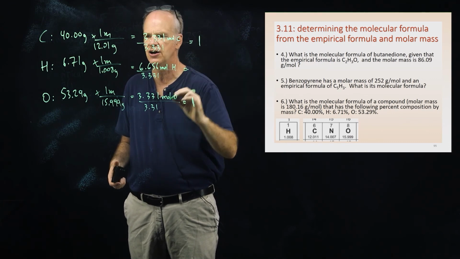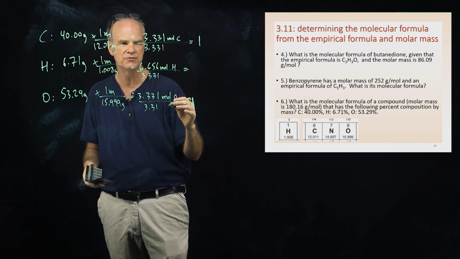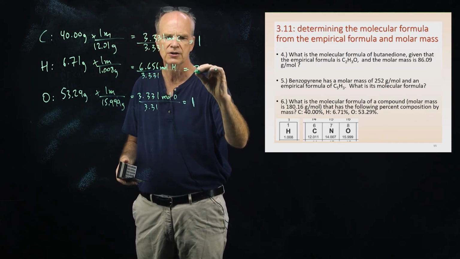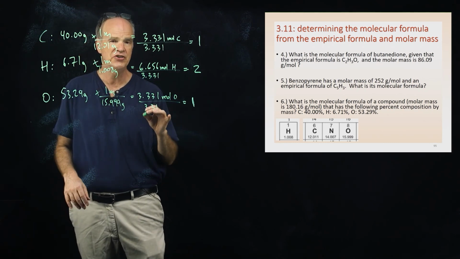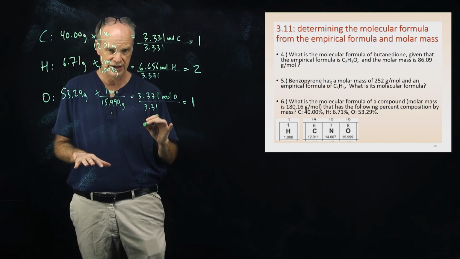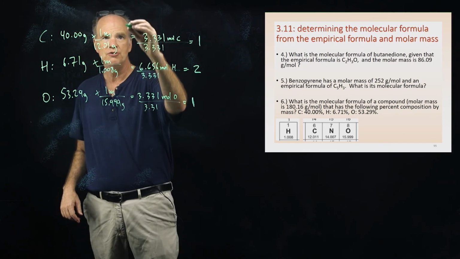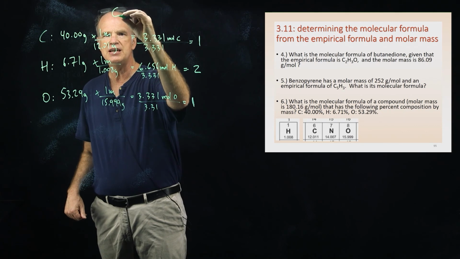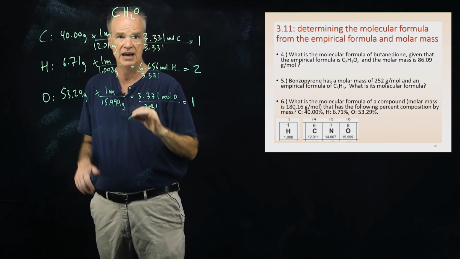And I can tell, just looking at hydrogen, 6.66 approximately divided by 3.33 is going to be about 2. Okay, so we have a formula so far, but this is an empirical formula. So now we have to go to the next step and get it to the molecular formula. So the empirical formula I'll write up here. It's going to be C1H2O.